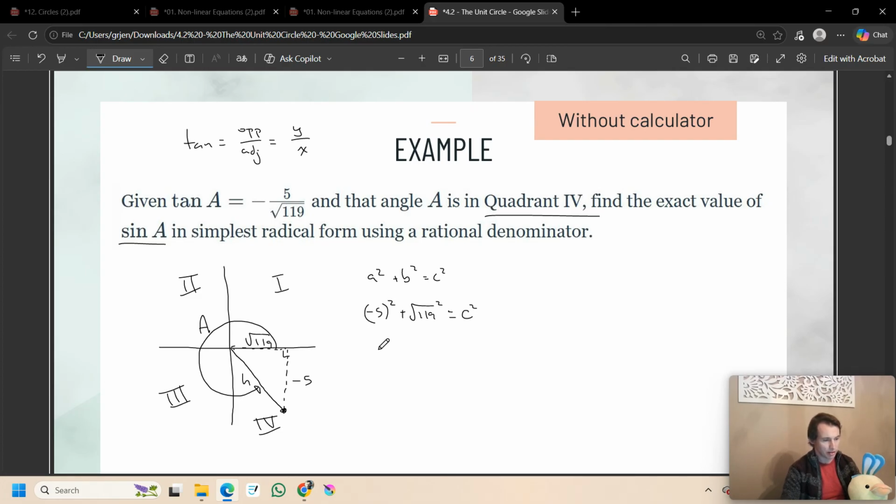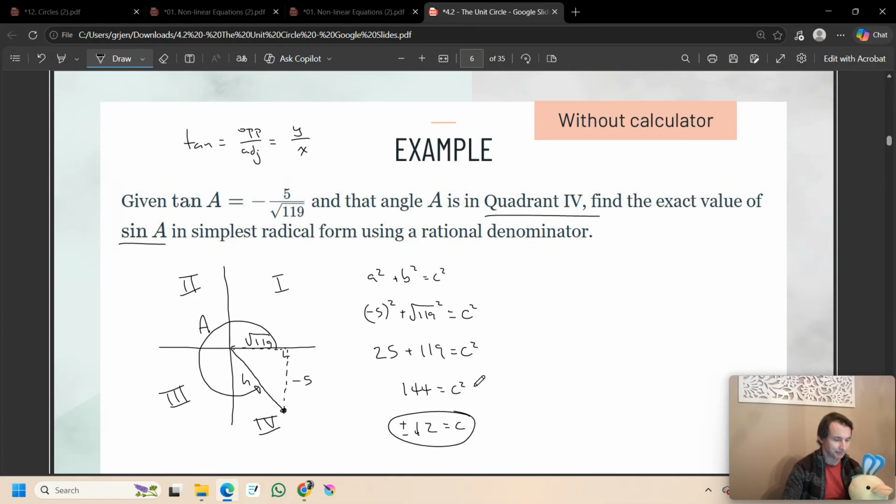Minus 5 squared is the same as minus 5 times minus 5, which is 25 positive, plus 119 equals c squared. 25 plus 119 happens to be my favorite number, 144. That equals c squared. So plus or minus 12 is equal to c, because 144 is a perfect square, just like me.